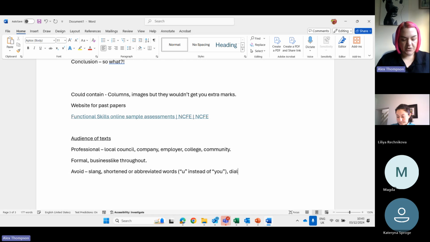You would avoid using dialect. These are words that are specific to your geographic area. Personally, I live in Yorkshire, and in Yorkshire we have a lot of dialect terms, where we would use an alternative word that you only hear locally.